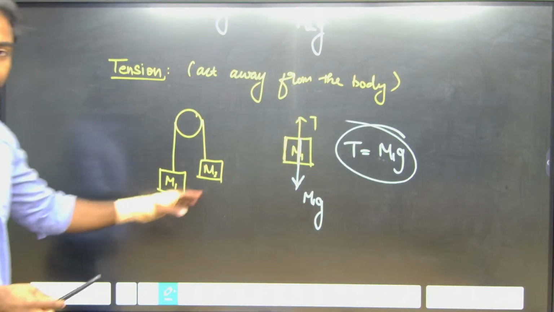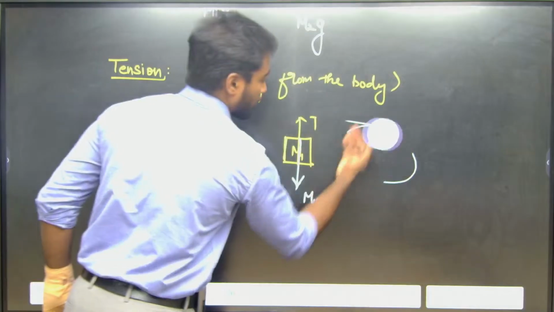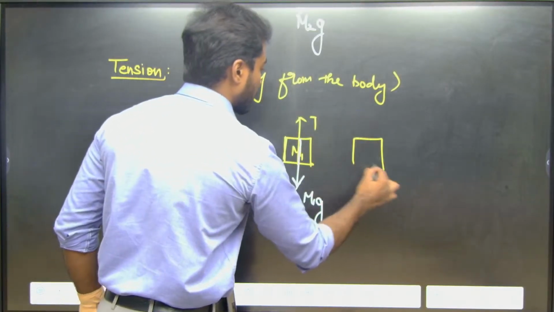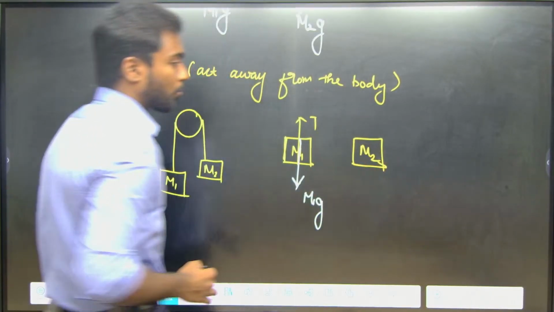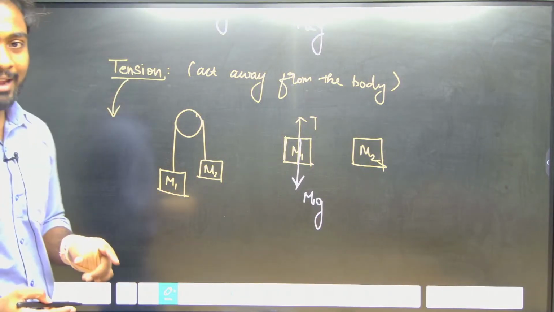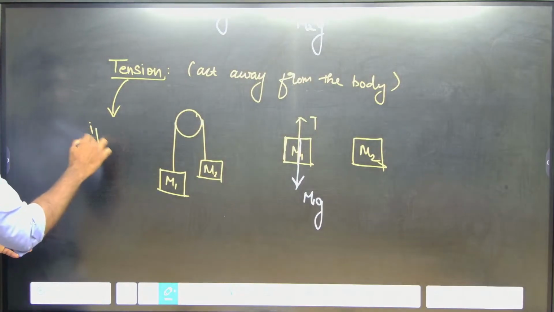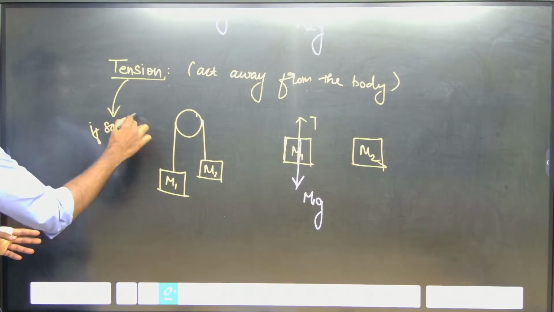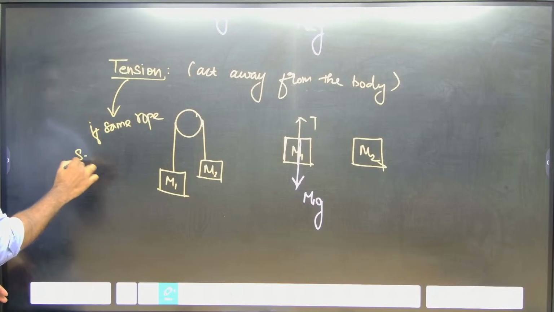What about m2? What is the first thing I told in the previous class? Tension: if same rope, same tension.